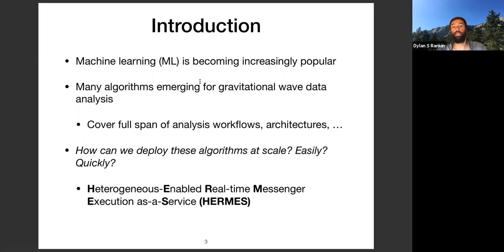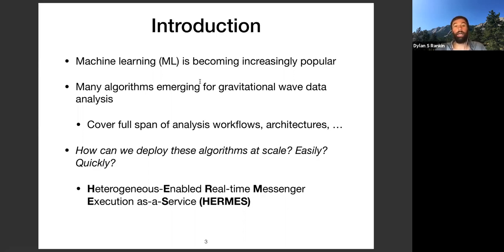One of the interesting things is that these AI and ML algorithms are really starting to cover the full span of analysis workflows, with a wide range of different architectures that people are interested in for different problems.